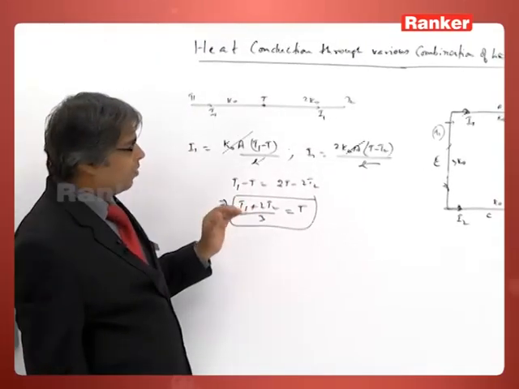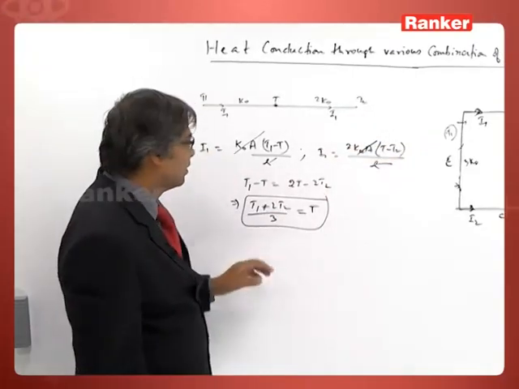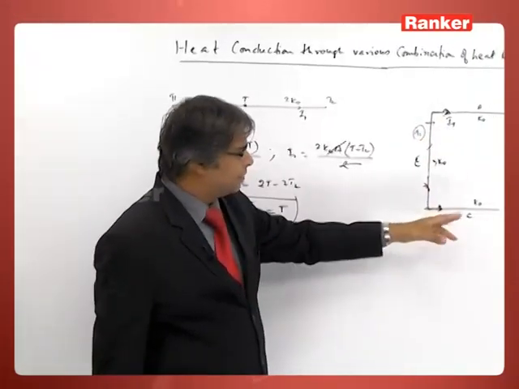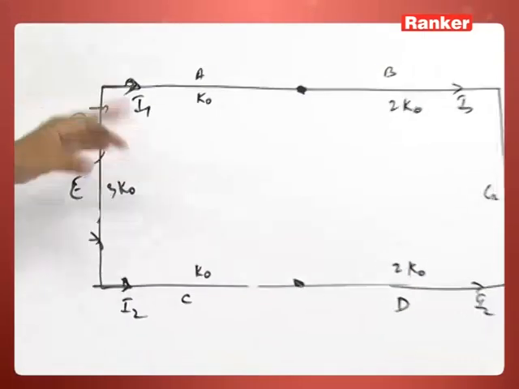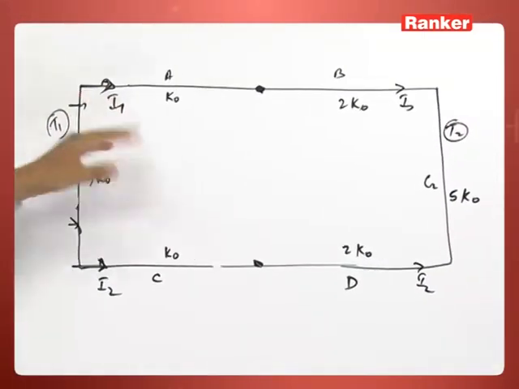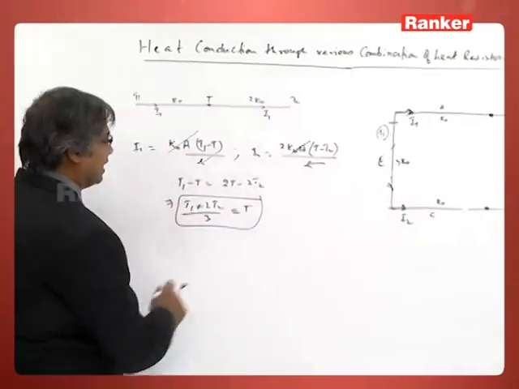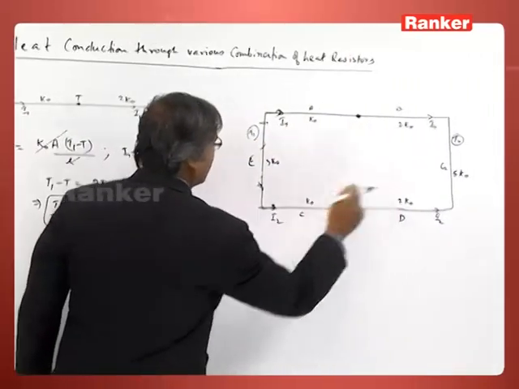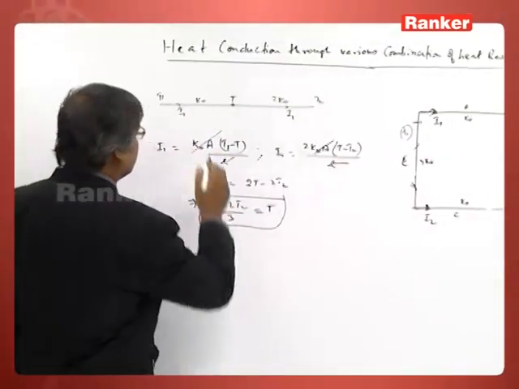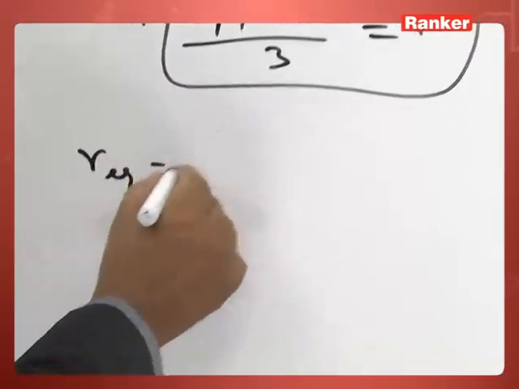Now, let us see what is the net heat transferred through the combination of these two. We can use directly the formula for the series and parallel combinations. Suppose this is R1, R2, R3, R4. So, we have this combination as R equivalent, they are in series.